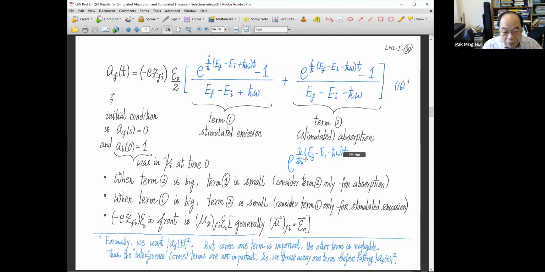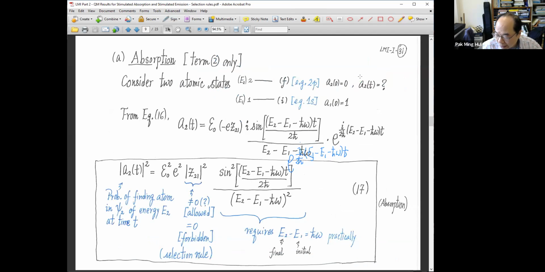Okay, so you factorize half of this, therefore you will have half of this left, and then you have to minus the same thing, but with a minus sign here. Okay, therefore you will pick up a sine of this thing divided by 2h bar. So this is exactly what I did here.